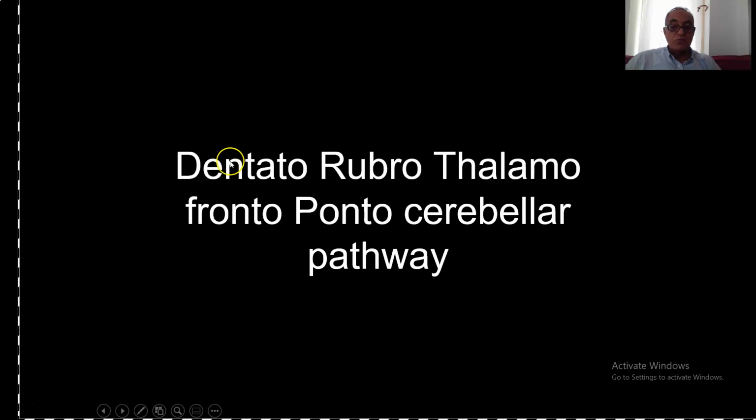If we talk about dentato, we talk about the dentate nucleus. Rubro is the red nucleus. Thalamo is the anterior ventral nucleus of the thalamus. Fronto is the premotor, extrapyramidal area, ponto to the pons, and then cerebellar pathway.